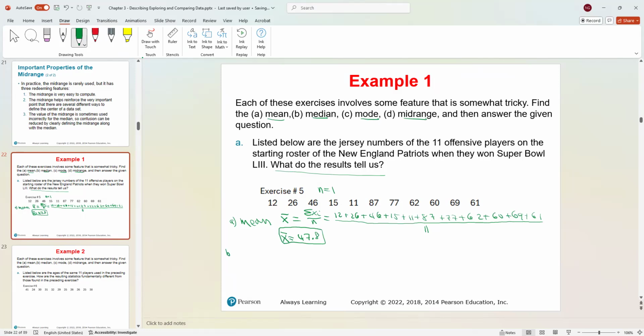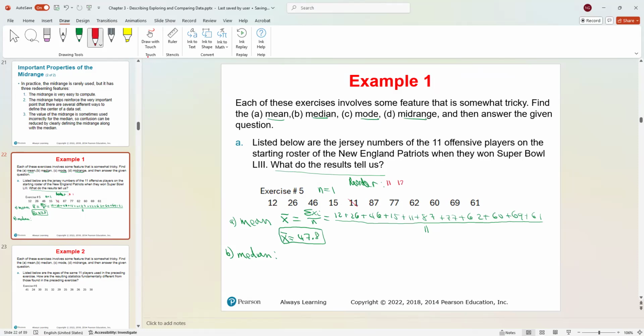Okay, they ask you also to find the median. In order to find the median, you must reorder the data from the smallest to the largest. Let's reorder the data. So, what's the smallest data you see in that data set? The smallest data, I believe, is 11.